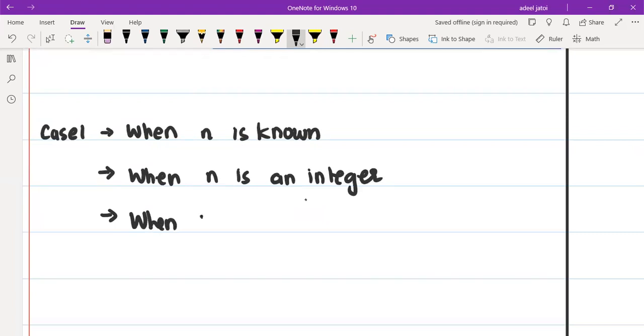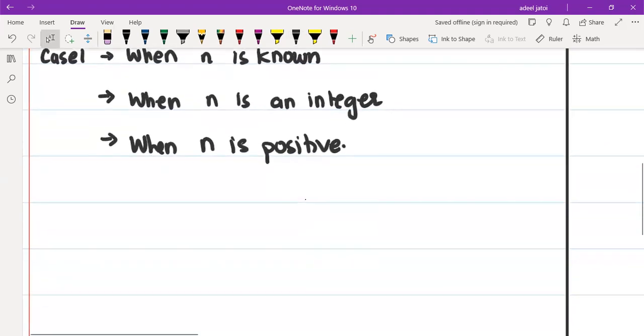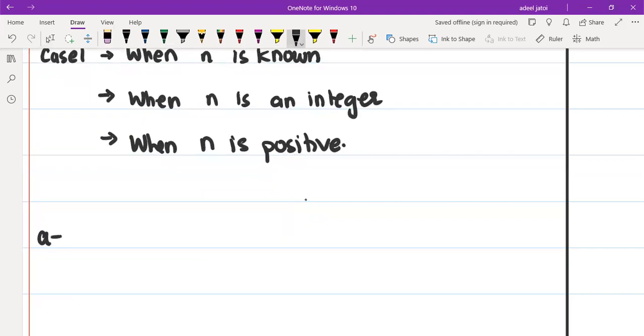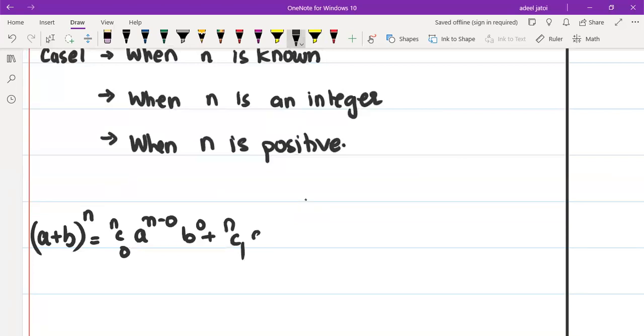When n is positive, we use, if the question is (a + b) to the power n, we use it as nC0 a^(n-0) b^0 + nC1 a^(n-1) b^1 + nC2 a^(n-2) b^2.